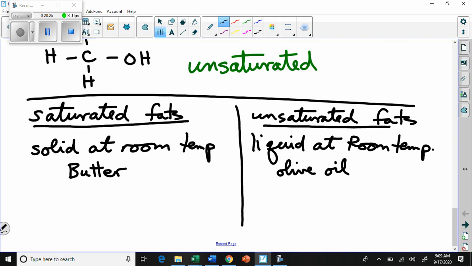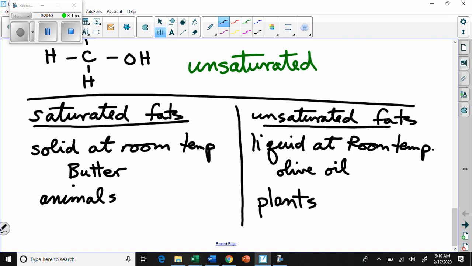And what we find is that animals tend to store fats as saturated fats, and plants tend to store them as more liquids and oils. So we find saturated fats in both. It's not that they don't exist, but there is a predominant majority of fats in animals that are saturated.